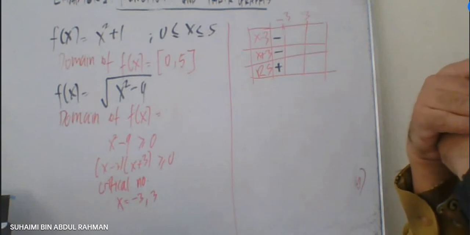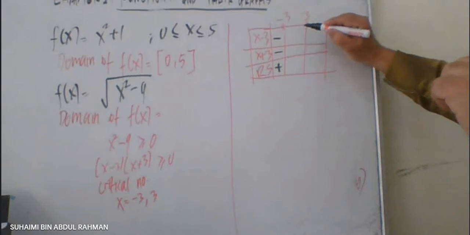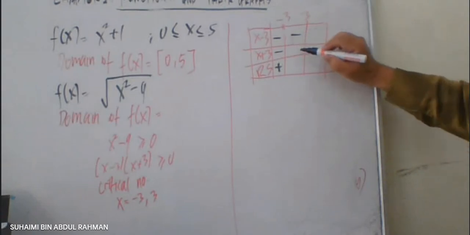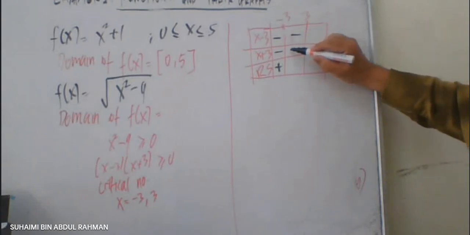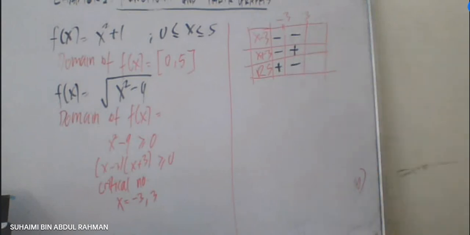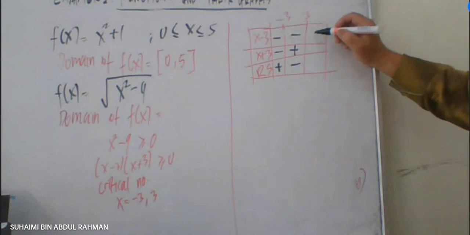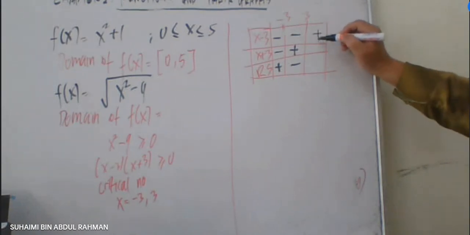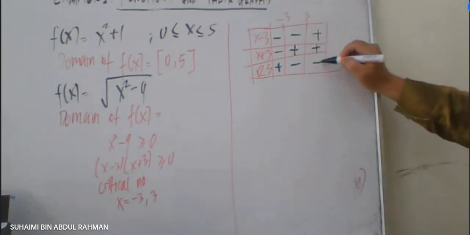Then negative. Positive. Negative. Positive. Positive. Negative.